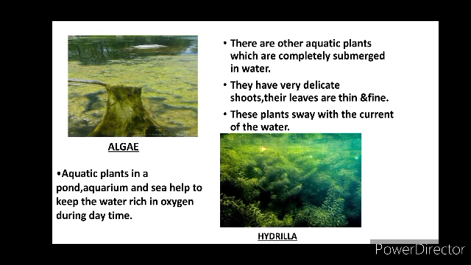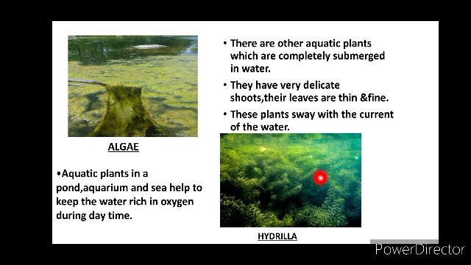The body of these aquatic plants is flexible so that they can move with the water currents. They do not have stomata to help them breathe. They breathe through air spaces in the stem.